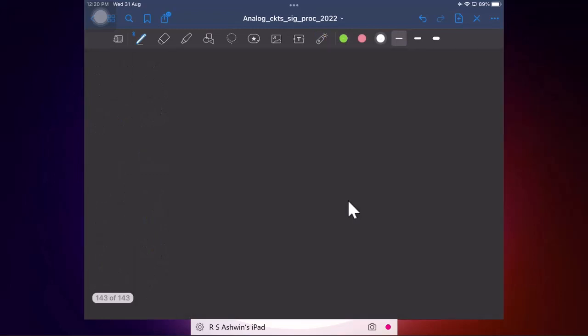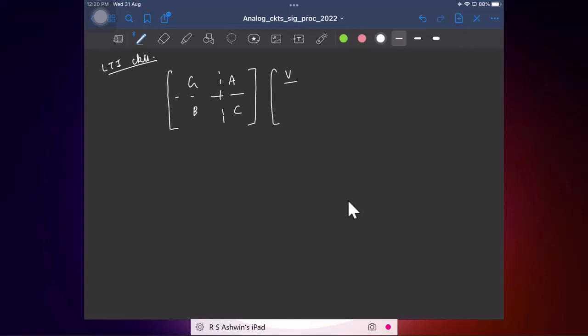So I'll probably write it like this. In general, for LTI circuits, I can form the matrix like this. I'll have a G matrix and then some A, B, C matrices, times the unknown voltages and the currents through the voltage sources.